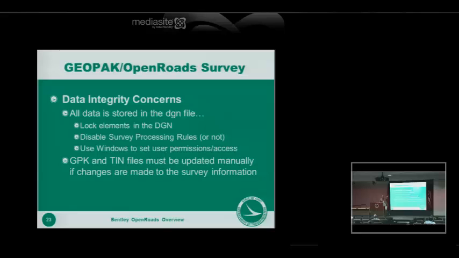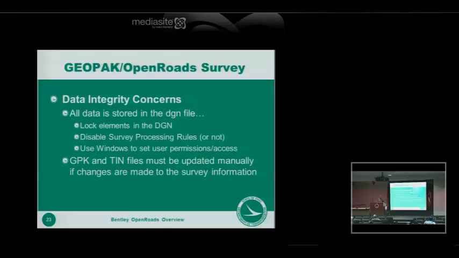There's a lock command in MicroStation. Selection set, select them, and then go, I think it's element lock. Whatever is selected is locked. It's not foolproof because I can go select everything and go element unlock. Okay? That's one potential solution.